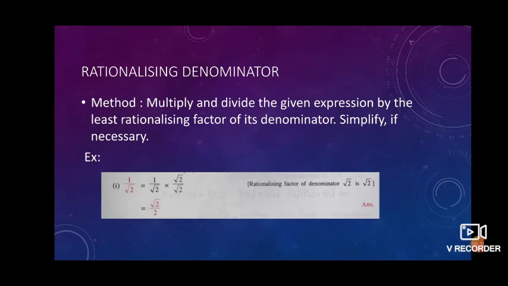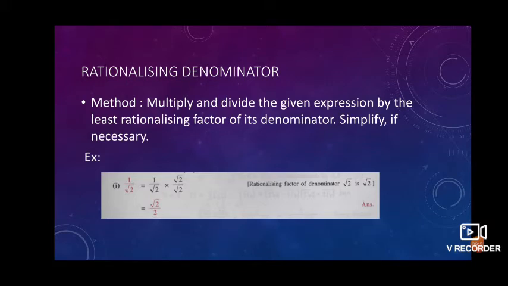Okay. Next, children, rationalizing the denominator. The same rationalization process we will follow here to rationalize the denominator. Multiply or divide a given expression with the least rationalizing factor of its denominator. Simplify if necessary. Means we'll consider only the denominator.